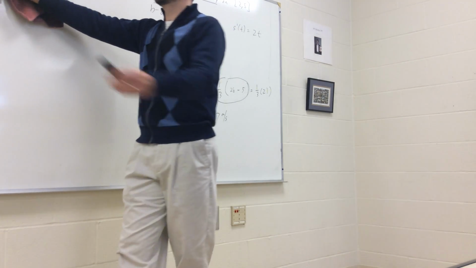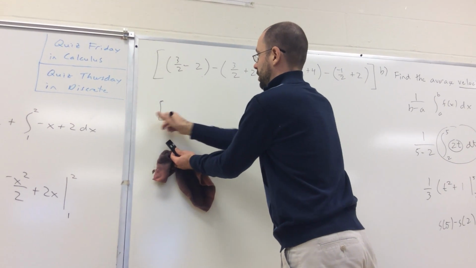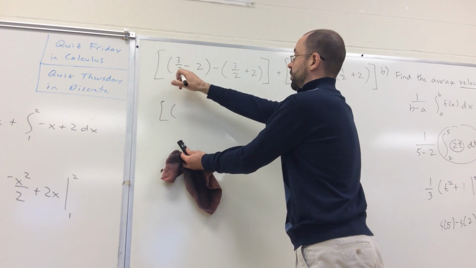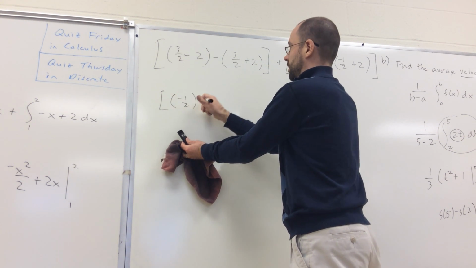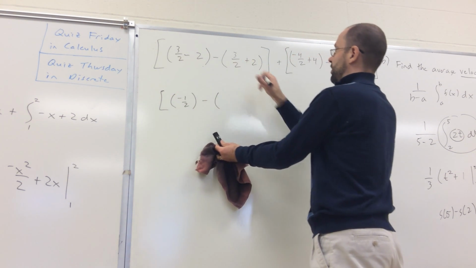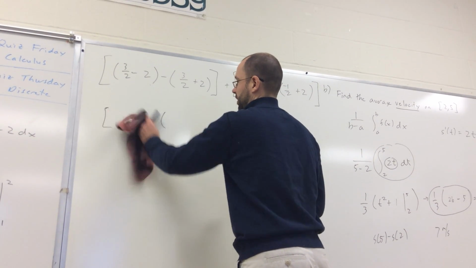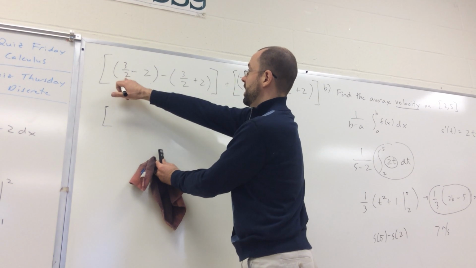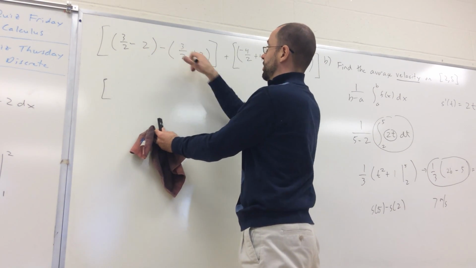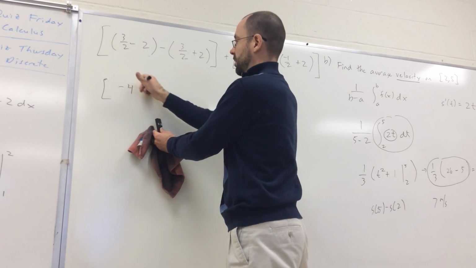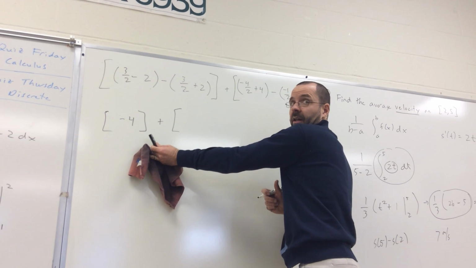So then that is 1.5 minus 2, which is negative a half. Actually, this is going to be easier. That 3/2 minus that 3/2 goes away. So it's negative 2 minus 2, which is negative 4. Everybody okay?